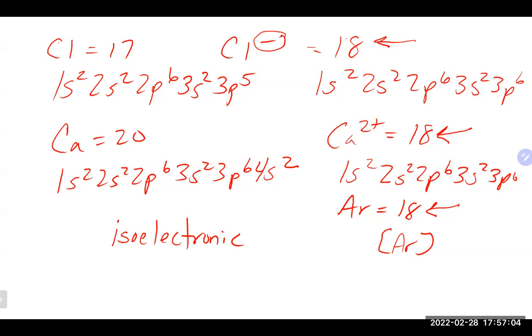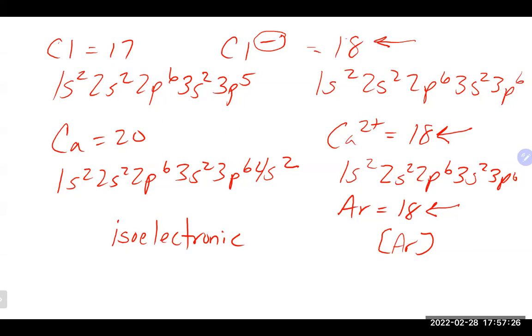So this is actually a very important idea and concept, and what we'll talk about when we get into bonding. But the idea of all bonding is basically for everybody to achieve the same electron configuration as the noble gases. So how metals do it is they typically will lose electrons and back up to the noble gas that comes right before them.